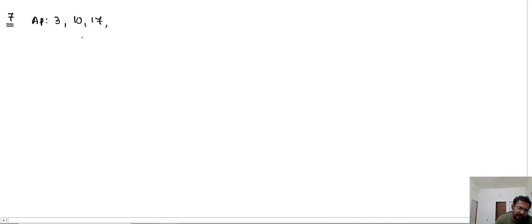So what are the next 2 terms after 17? We just add 7 to 17, so we get 24. Add 7 to 24, and you get 31. So the next 2 terms are 24 and 31.